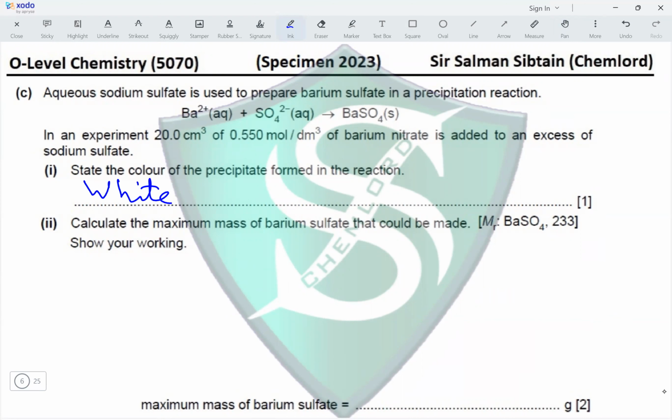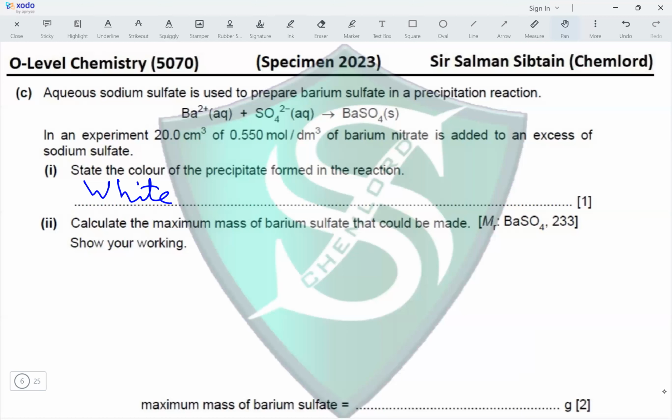Next, calculate the maximum mass of barium sulfate that could be made, and they have given the Mr of barium sulfate. Show your working. So the first thing we need to do is calculate the number of moles of barium ions that react with sodium sulfate.